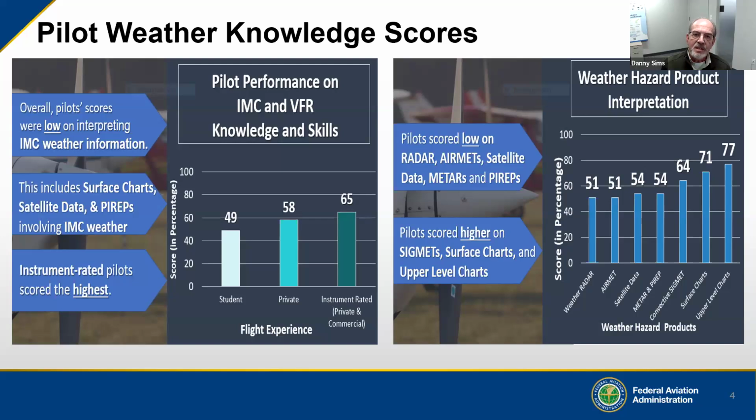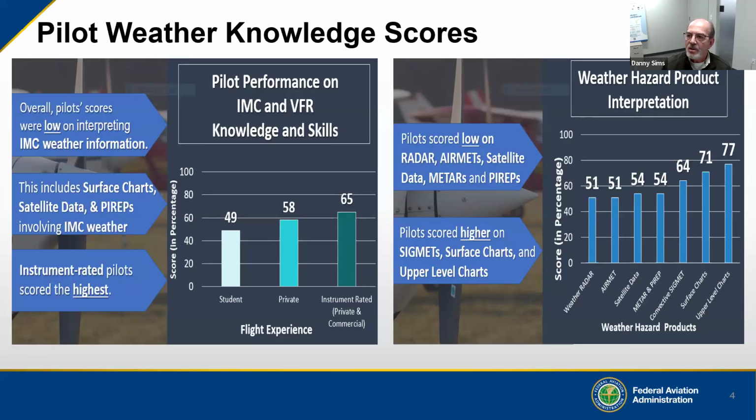And if you look on the left-hand side, the overall performance in interpreting IMC weather information, you can see there's student pilots in the graph that came in at 49%, private pilots 58%, and then instrument rated, that is private and commercial, well, they did better. But don't get too excited because it's a 65%, which in a lot of places, that's not a passing grade, and it's really not significantly higher. And so even at the instrument rated level, there are gaps in understanding and interpreting weather information.